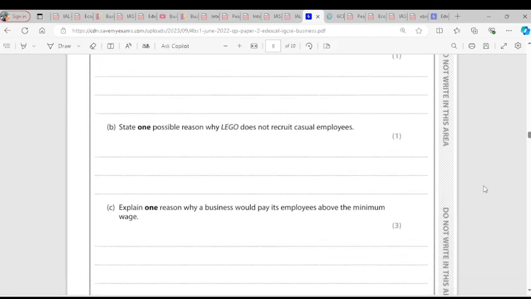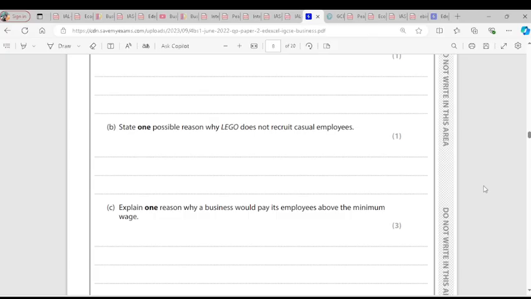State one possible reason why Lego does not recruit casual employees. Casual employees are not attached to the company, and they will not gain any financial benefit or benefit from the company. So Lego might not employ casual workers because they might not be committed to the objective of Lego.